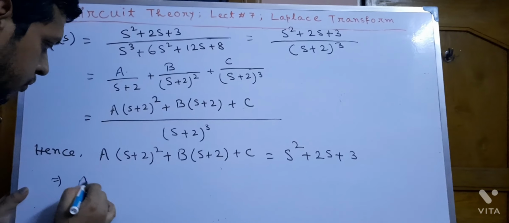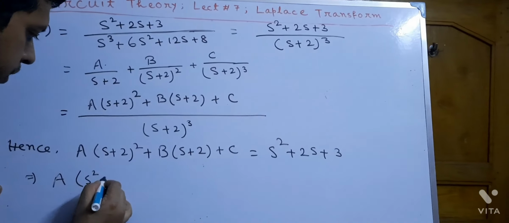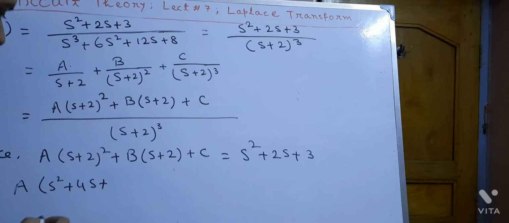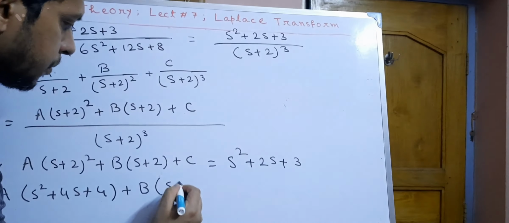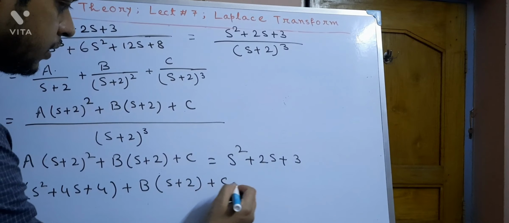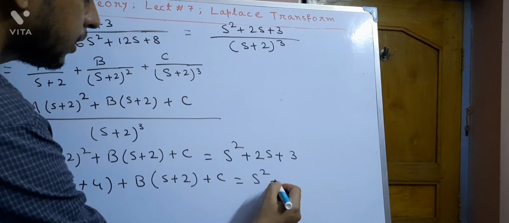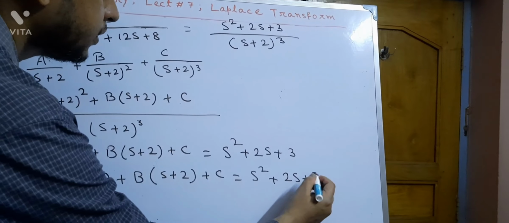So A into (s square plus 4s plus 4) plus B into (s plus 2) plus C is equal to s square plus 2s plus 3.